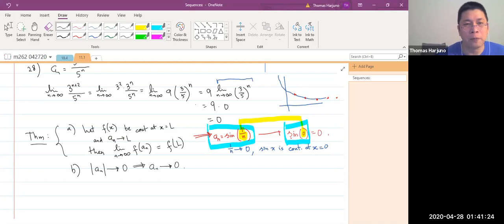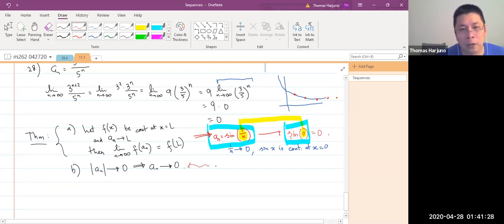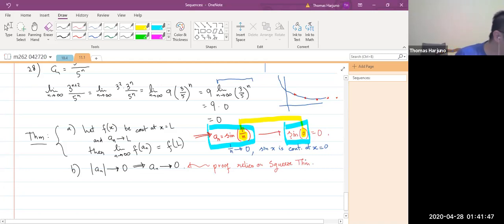The proof here relies on the squeeze theorem. Because we use the squeeze theorem, it should go down to 0.